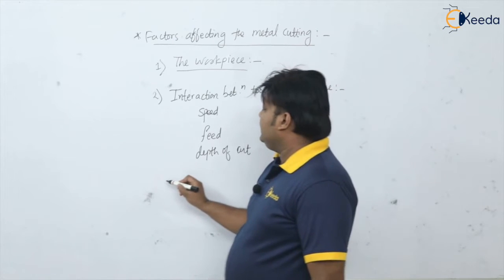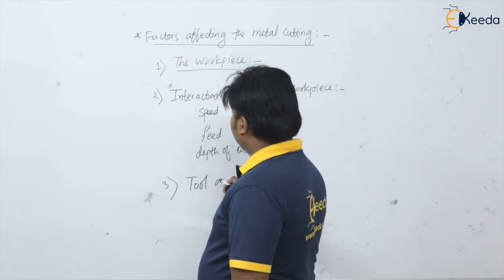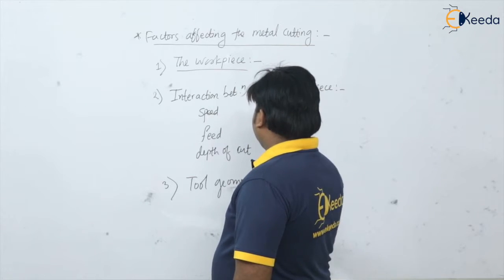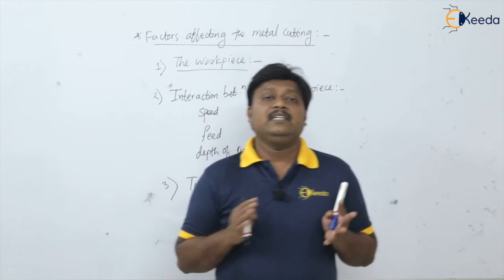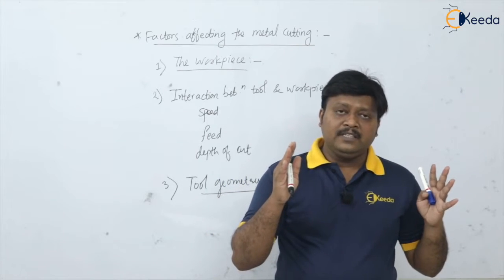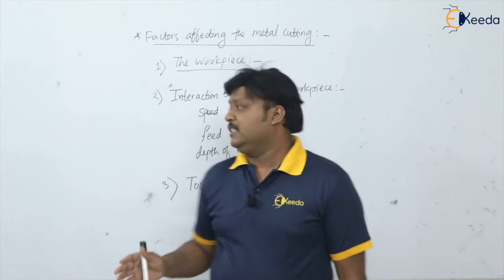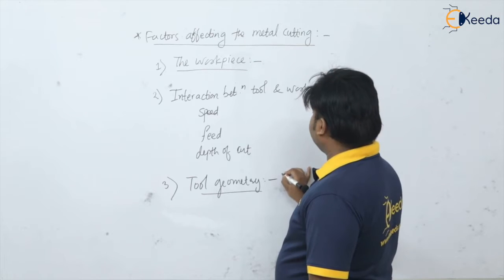And the third important thing is your tool geometry. So what is tool geometry? Tool geometry basically refers to the tool angles, the shape of the tool face and the form of the cutting edges.